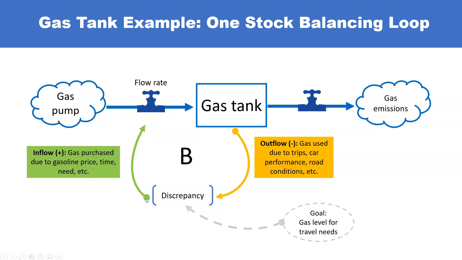So you can see that in this information feedback loop, there are a lot of variables to consider on how much gas to put in, and how fast that gas goes into the tank. And so in this case, it's really important to make sure that your labels are clear, and if you are able to color code, it might help with the visualization for your user to understand what it is you're trying to communicate.